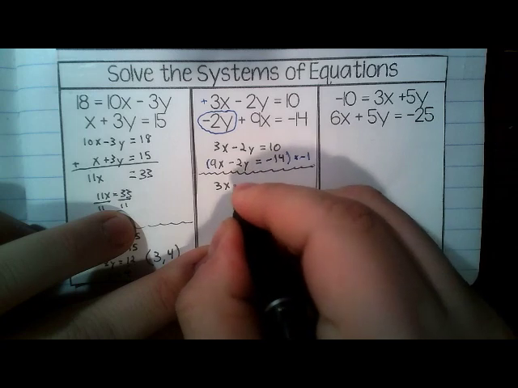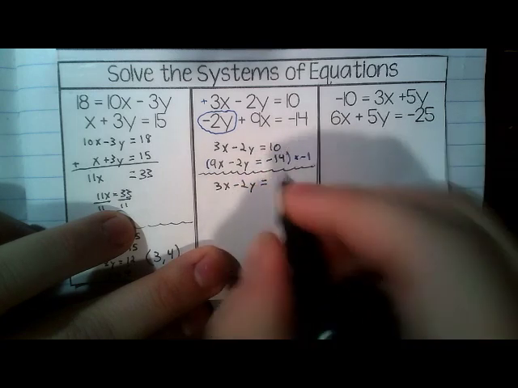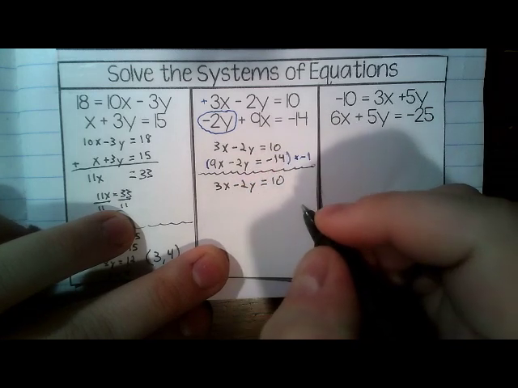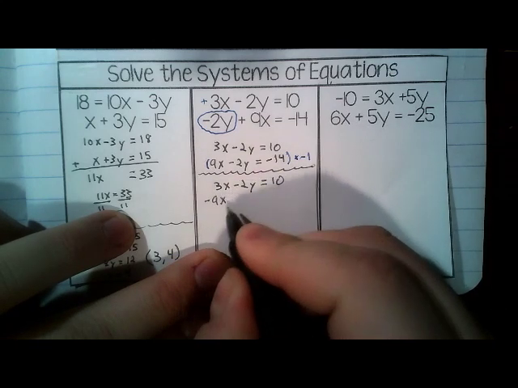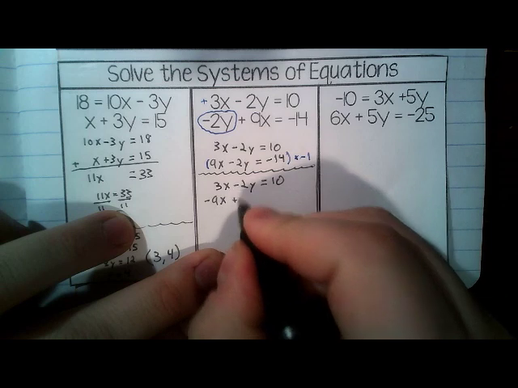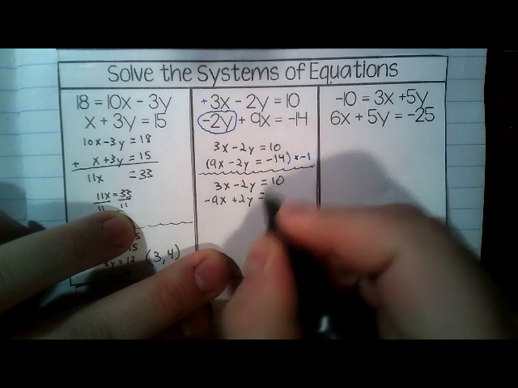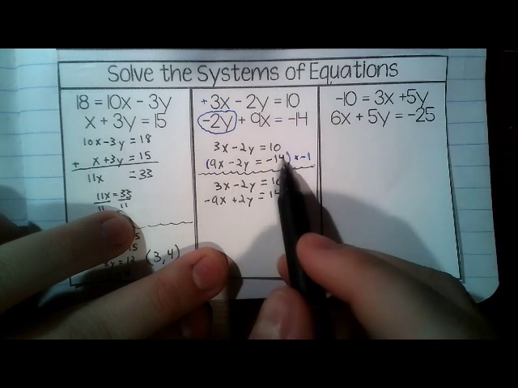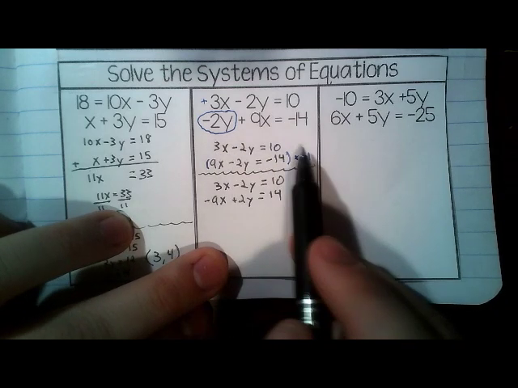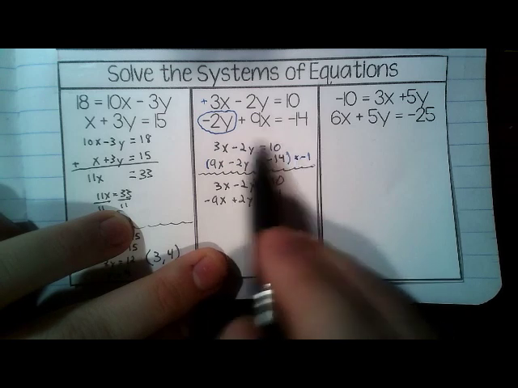I have 3x minus 2y equals 10. And now I have negative 9x plus 2y equals positive 14. I multiplied everything by negative 1. Now I could have multiplied the top by negative 1 as well. It wouldn't have made a difference.